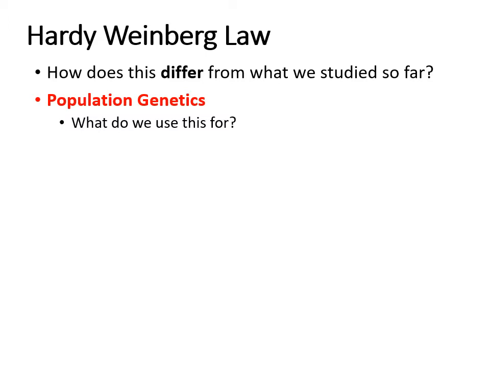What we use this for is basically we end up using Hardy-Weinberg laws to explore relationships between allele frequencies and genotype frequencies in an ideal population. And when we say ideal, that's where the idea of equilibrium comes into play.